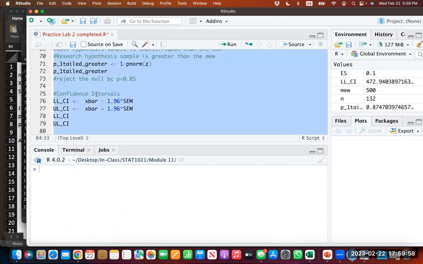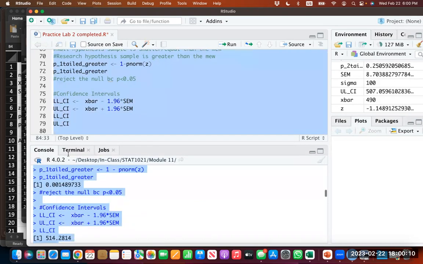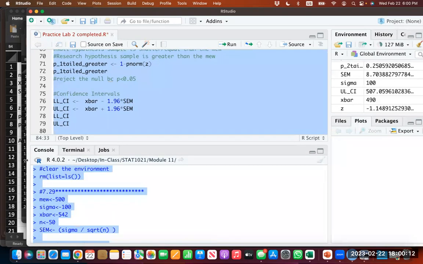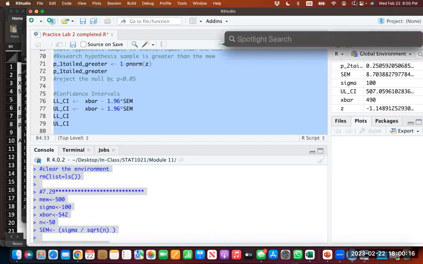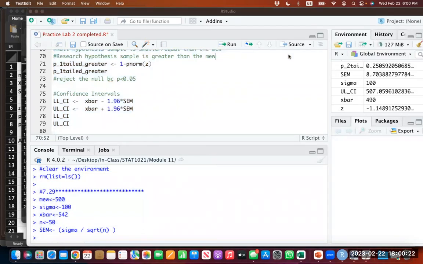You press Command and A, or Control and A for the Windows users. You select everything in the script, you press Control and Enter. Now you click in the console, you select everything in the console, you press Command and C, you go on the Spotlight and you look for TextEdit. You get a text editor open.